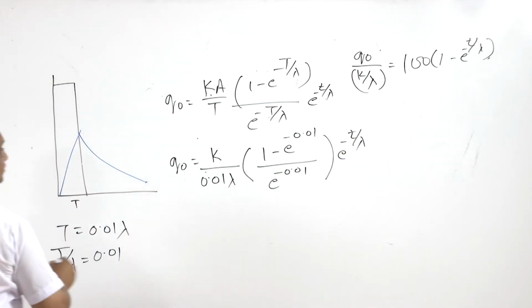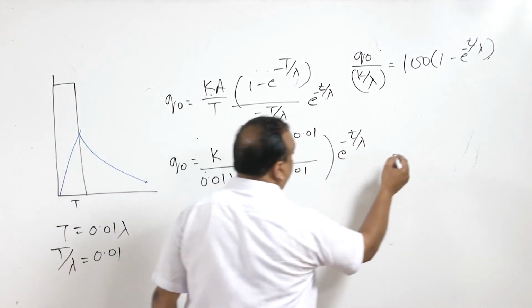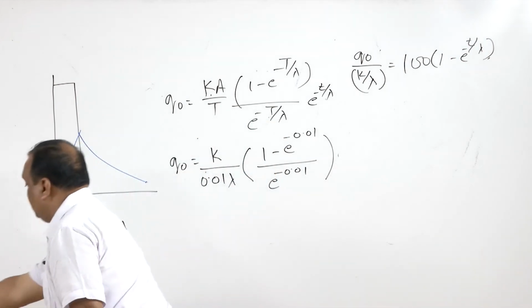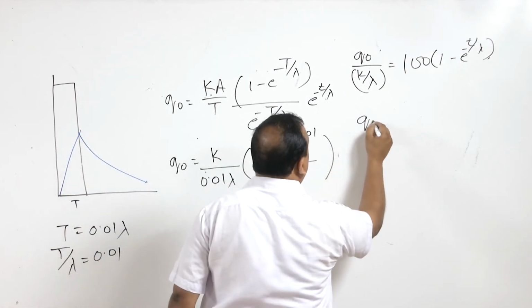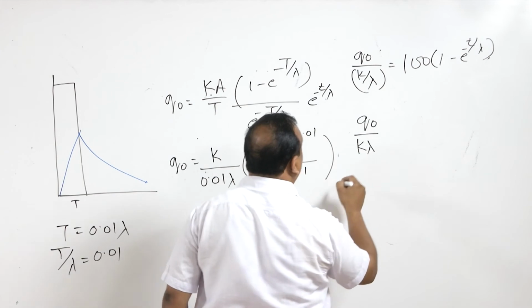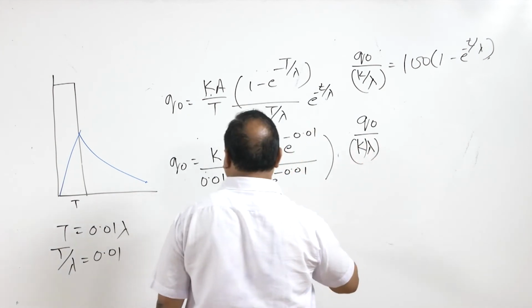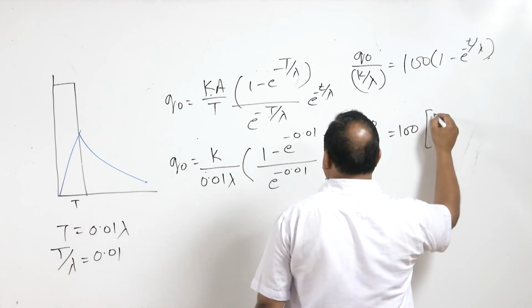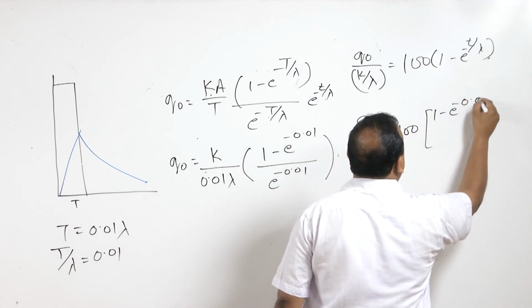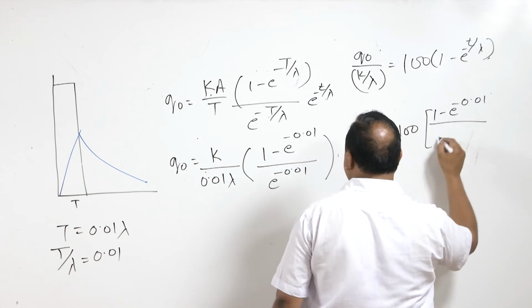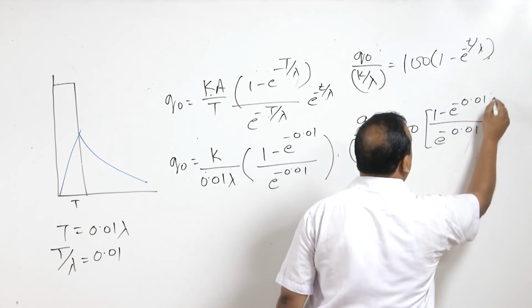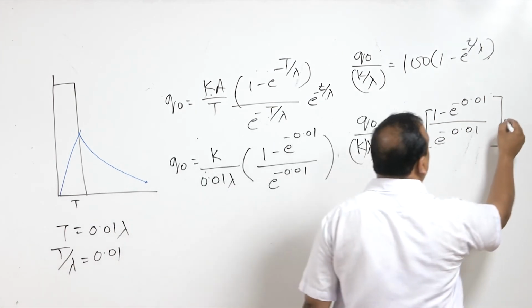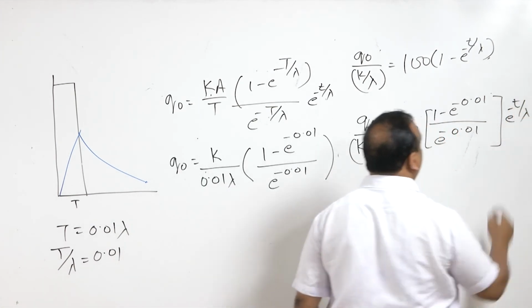Or again here we can write Qo by K by lambda is equal to 100 (1 minus e raised to power minus 0.01) divided by e raised to power minus 0.01, multiplied by e raised to power minus t by lambda.